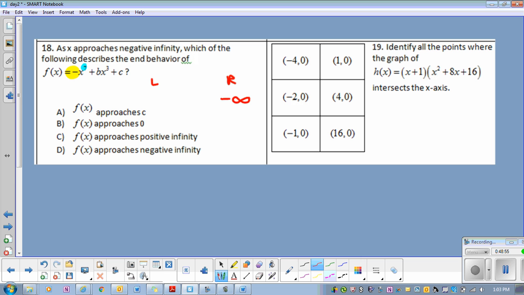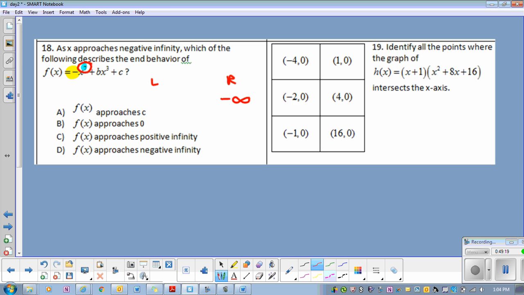But if I know that, how do I know what the left end behavior is doing? Well, then you look at your degree. This degree is a 7. Is that an even or an odd number? Odd. So an odd means that they do different things, and even means that they do the same thing.